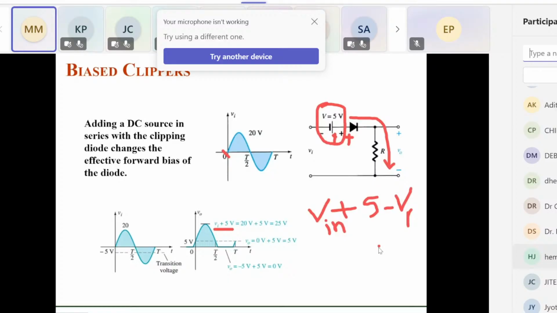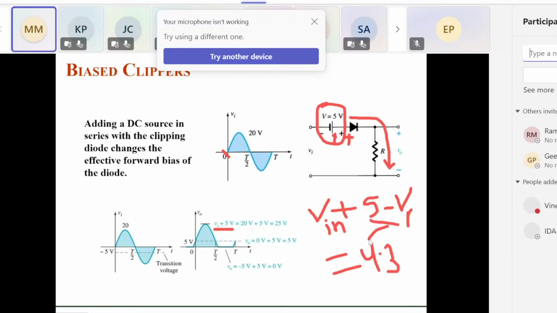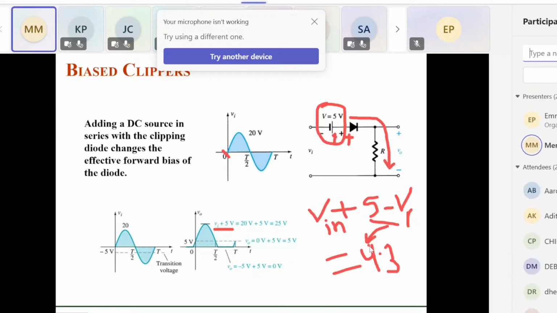So this is going to be 5 minus, let's consider it a silicon diode, 5 minus this value, this is going to give you 4.3. So 4.3 is the value with which it was already on. So it is going to turn on somewhere here, at 4.3.